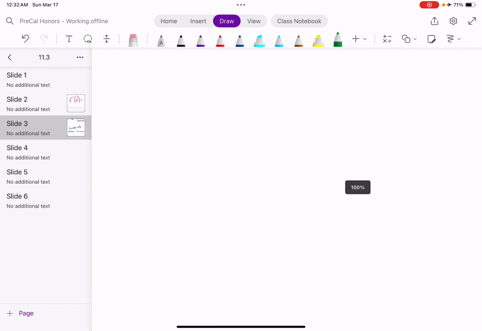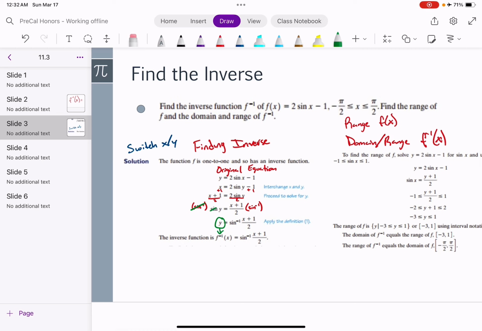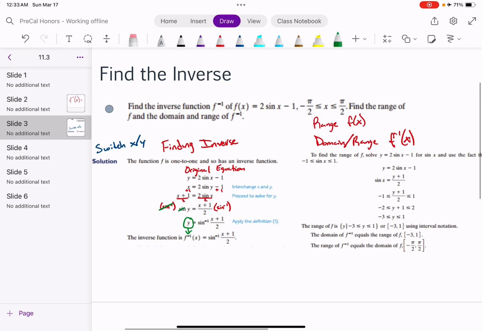Now, let's take a look at finding the range of our equation. Now, there are one or two ways that this can be done. First could be algebraically.